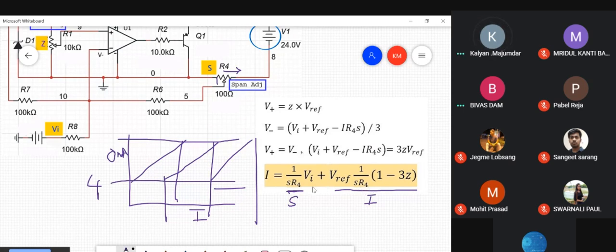So we tried to change the span from 50% to 40%. That has altered the zero of the transmitter. Now 0 millivolt input is no longer giving you 4 milliamperes. It is giving you 3.4 milliamperes. So the zero needs to be readjusted so that you get 4 milliamperes corresponding to 0 millivolts.